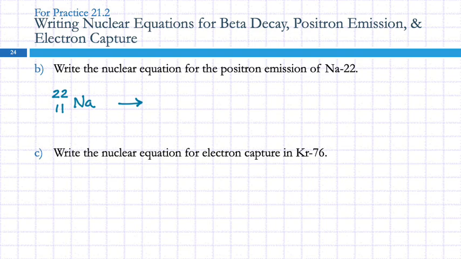Positron emission means that we have a positron coming out. Positron is like an electron, but it's the opposite. It's the antiparticle. So its atomic number is +1, where the electron is -1. So if we look at the mass numbers, this one will have to be 22, and this one will be 10, right? And 10 is neon. Any questions?